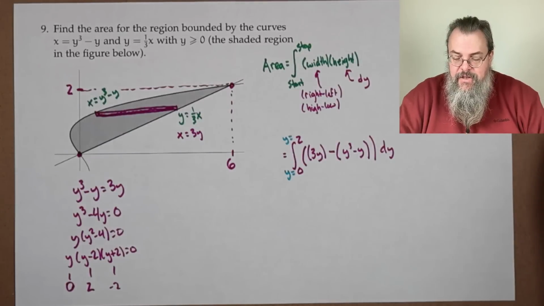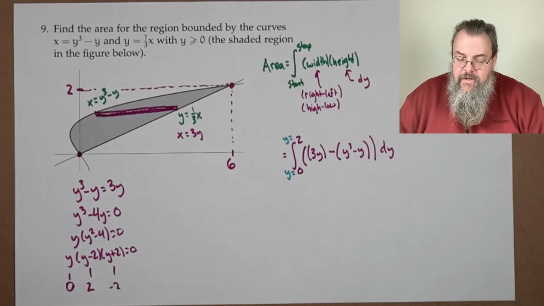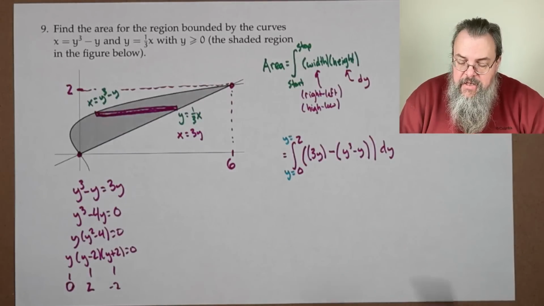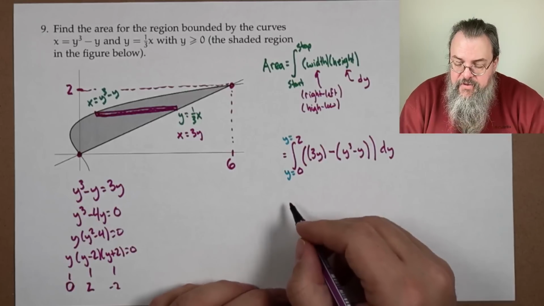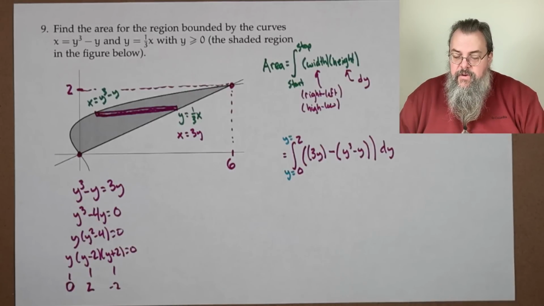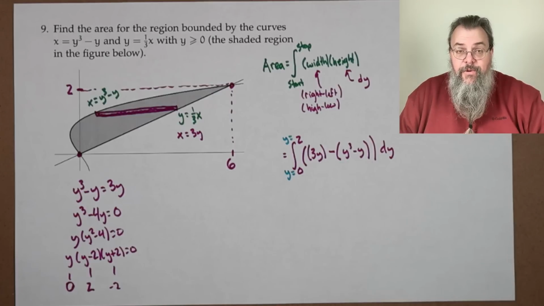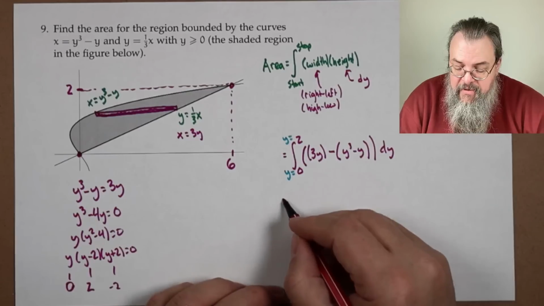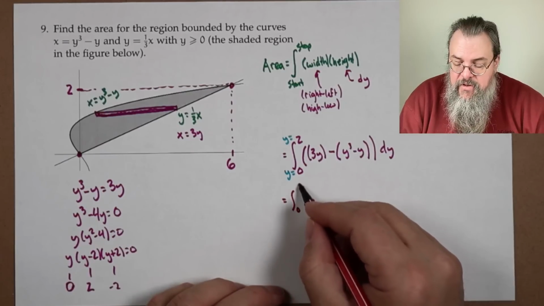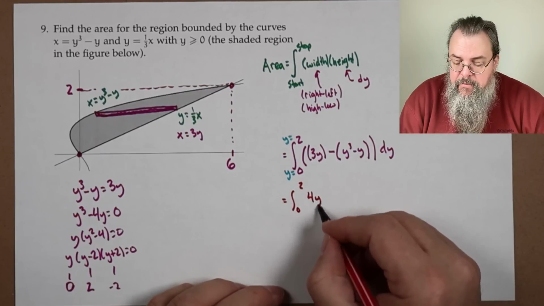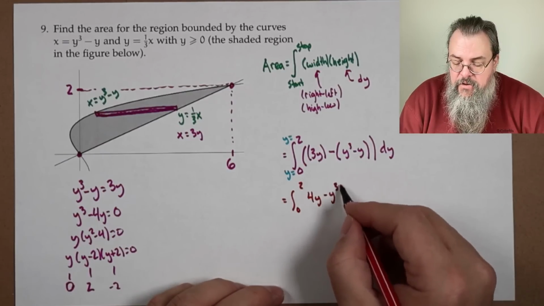So make sure you put in the right bounds. We can clean it up just a little bit, but we're almost done. We can distribute the minus through. You have 3y minus y makes 4y. So that's the same as the integral 0 to 2 of 4y minus y cubed.